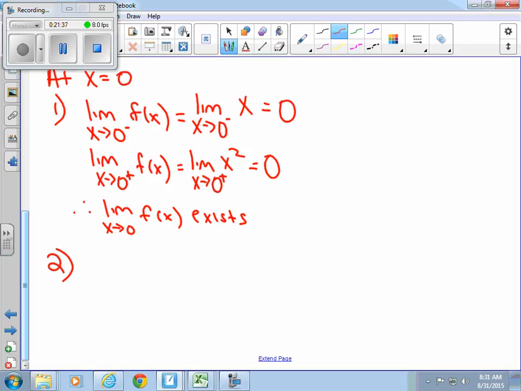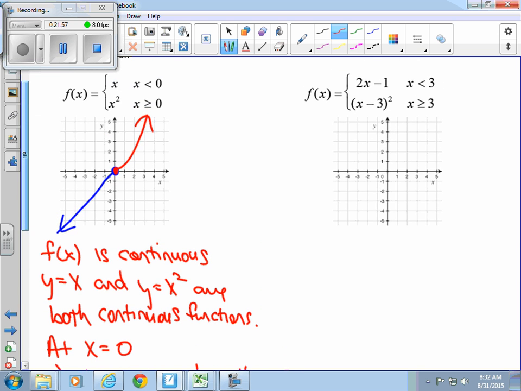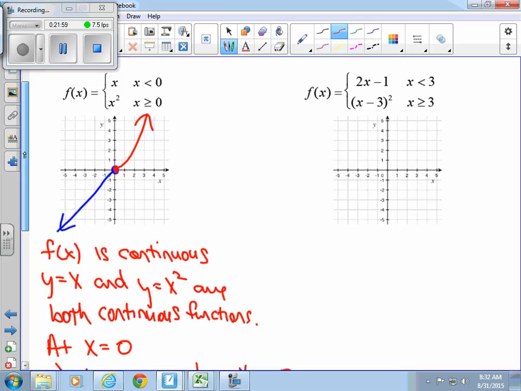Third thing, that f of 0 exists. f of 0 is 0 squared. That's actually a quick part of the proof. Why did I use 0 squared and not the x for that? Quick mental note. Good.